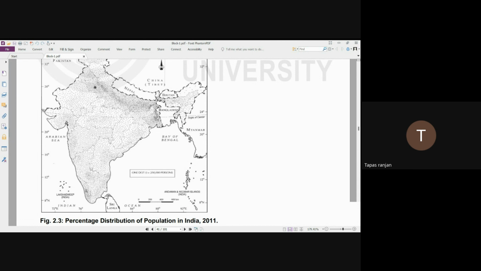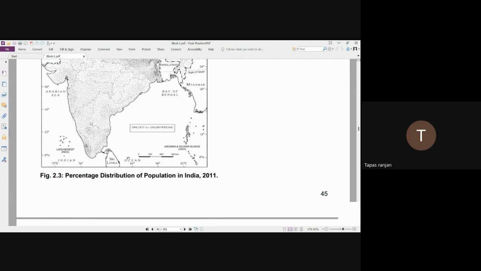Because West Bengal, the Kolkata region, then the Chennai region, and Mumbai, all these were provinces of the British. So a lot of people started living there. Then development of cities also played an important role. Cities like Mumbai, Delhi, Bangalore, Chennai, Kolkata, all these metro cities are supporting the population distribution. So the population density of these cities will be very high.